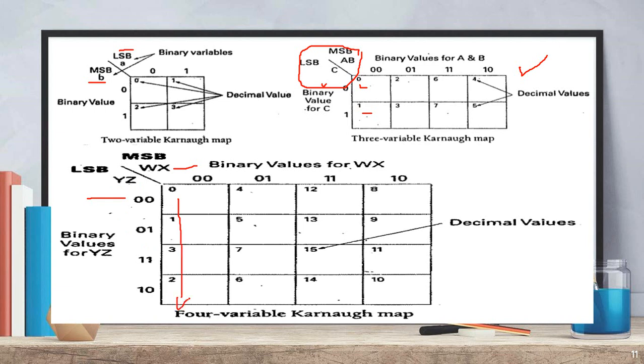Instead of a row, we are getting 0 1 2 3 as a column here. Both are proper representations, don't get confused by that. You can take LSB as a row part or column part, MSB as a row part or column part, both are similar. Both simplifications give the same result, so both representations are correct.